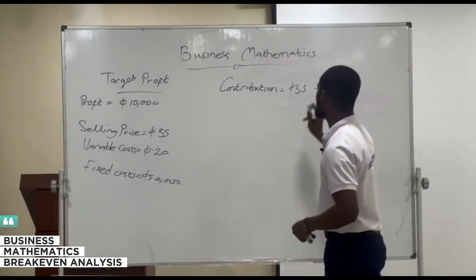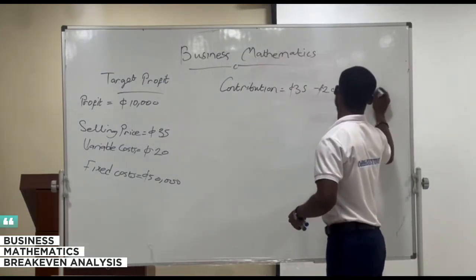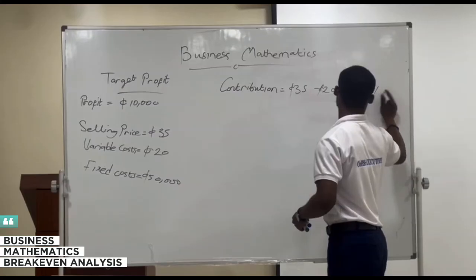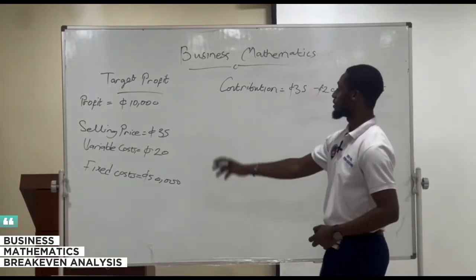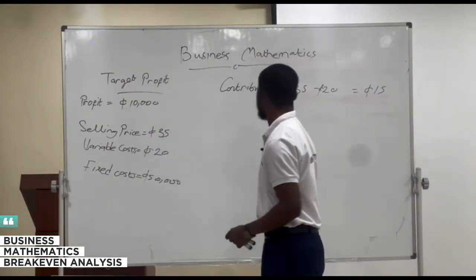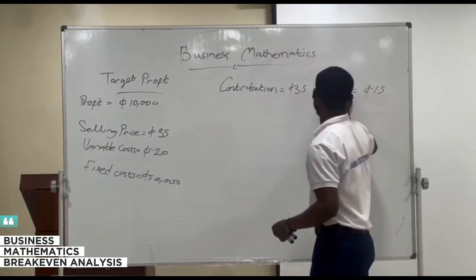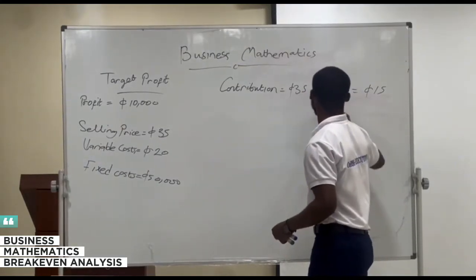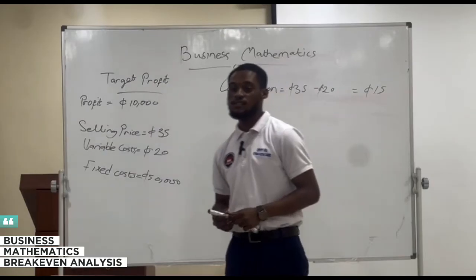So when we subtract this from this, we get 15 cedis.